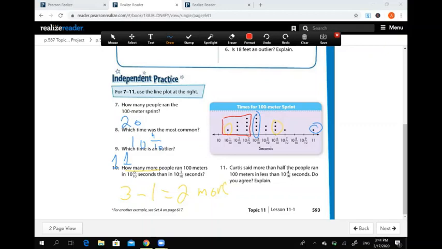Let's count them. 1, 2, 3, 4, 5, 6, 7, 8. So 8 people. Do you agree? No, because only 8 people ran in less than 10 4 over 10 seconds.